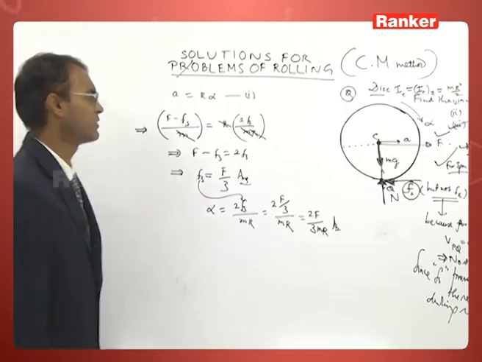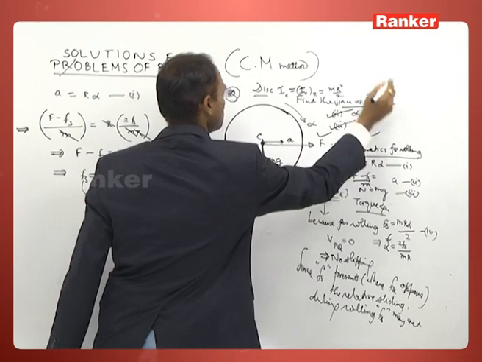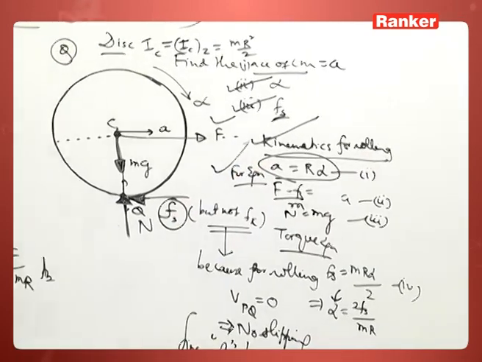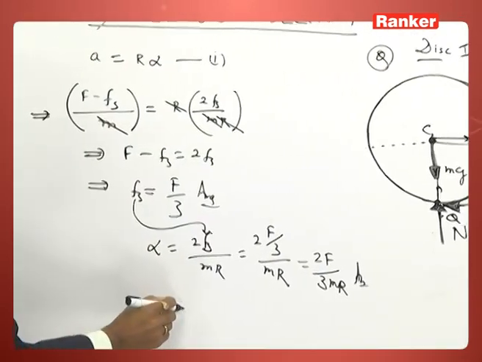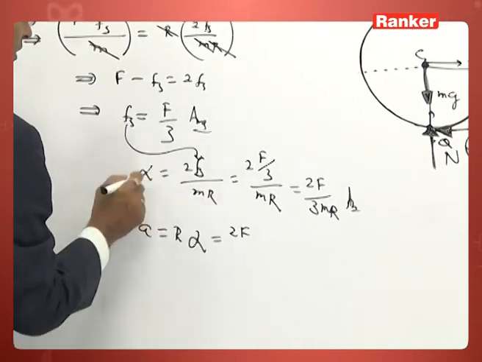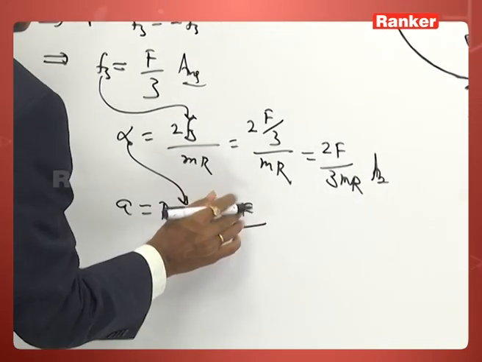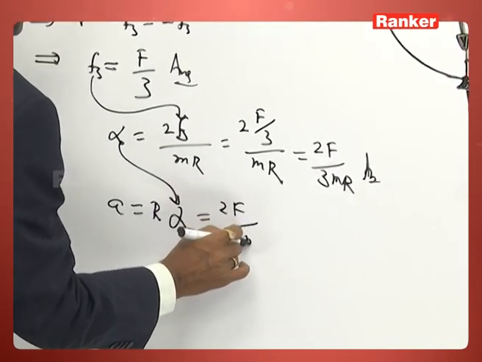Answer. So, we are getting alpha. And acceleration of the center of mass, from equation 1 you can get A is equal to r alpha. So, by substituting alpha here, this will be 2F by 3m. Answer.